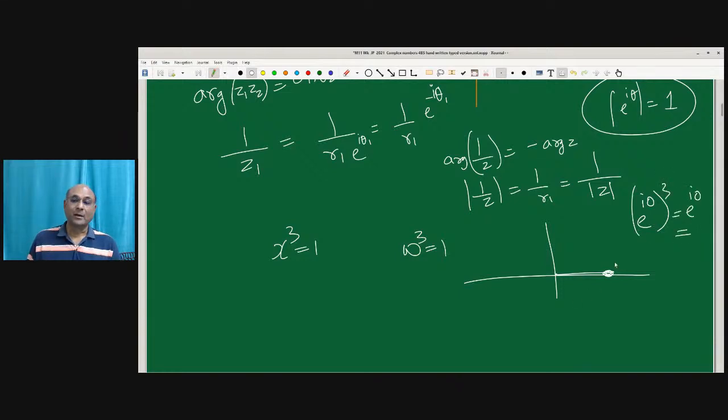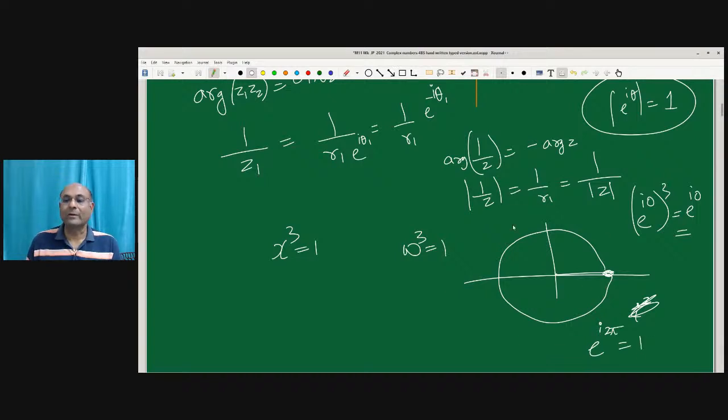That's nothing big. But if I come back here, I can also say e power i 2 pi, sorry. E power i 2 pi is also 1, no? Because if you come back, you'll get e power i 2 pi. So omega is e power i 2 pi by 3. Omega square is e power i 4 pi by 3. That's why the angle was 2 pi by 3.